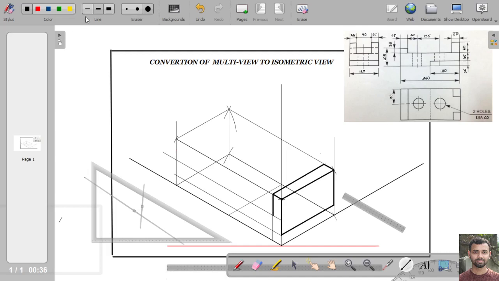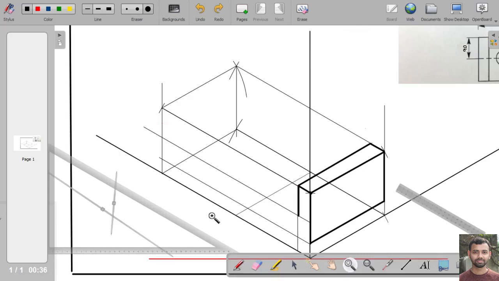Okay. Now we will draw from this point. Now we will draw the vertical line. So from this point, now we will draw a vertical line. Okay.